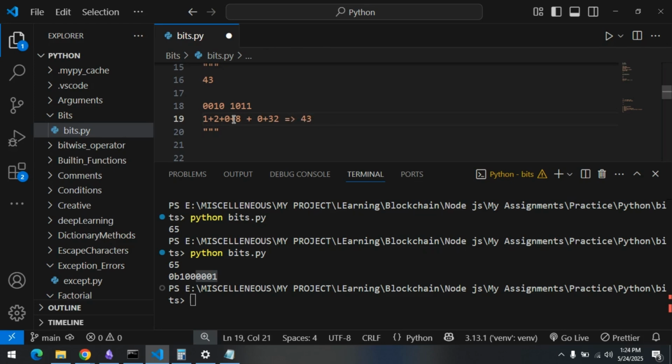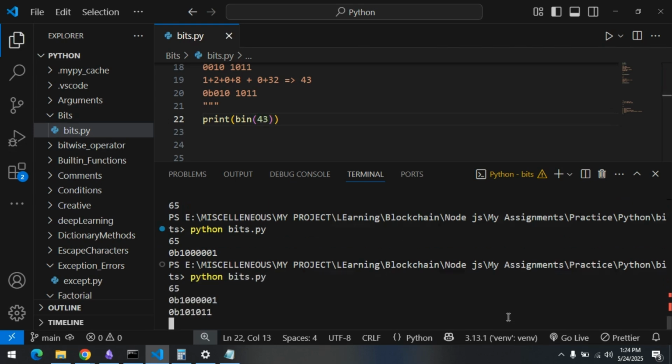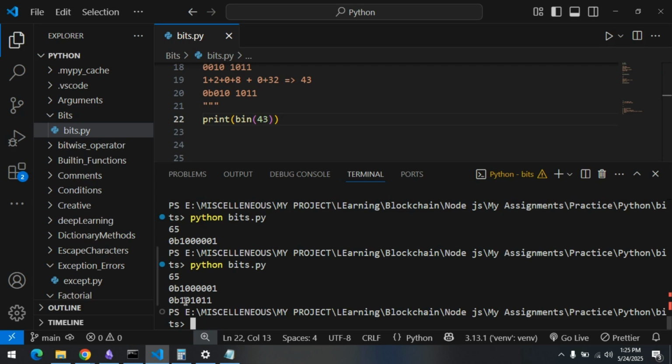So the first one becomes 1 plus 2, because 2 raised to the power of 1 is 2, plus 0 plus 2 raised to the power of 3 is 8, plus 0 plus 32. And that would give us 43.